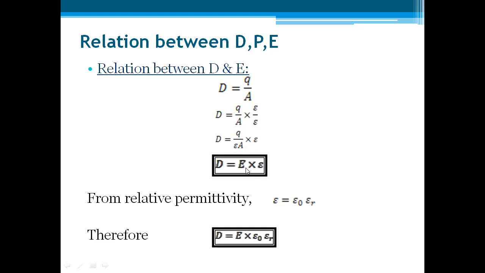Therefore, D is equal to epsilon E, which is the relation between displacement vector and electric field intensity. And as we know, the formula for permittivity in terms of relative permittivity is epsilon equal to epsilon naught into epsilon r. Just substituting it, you get D is equal to epsilon naught epsilon r E.